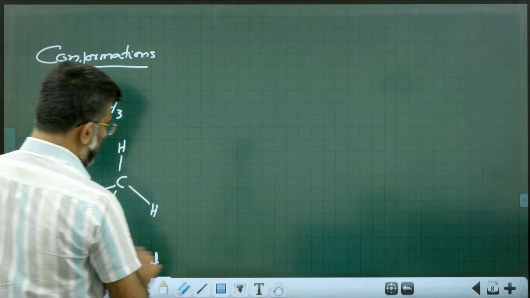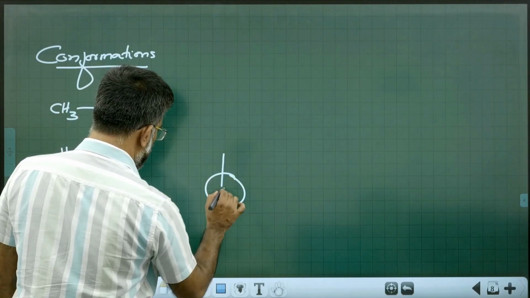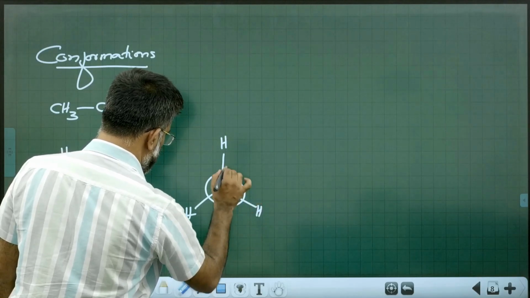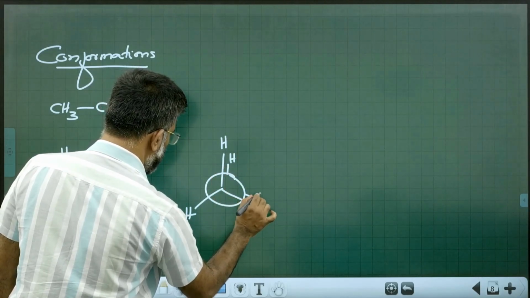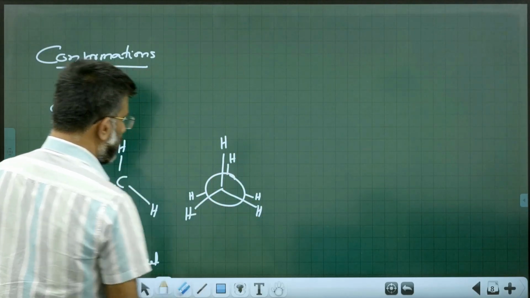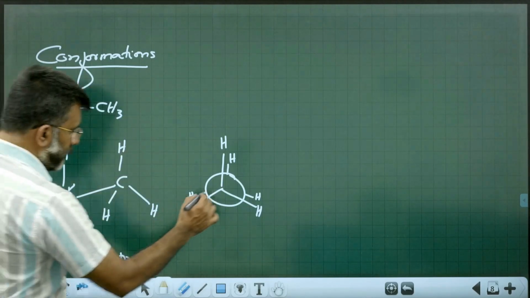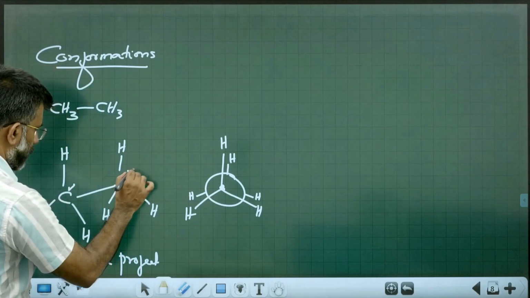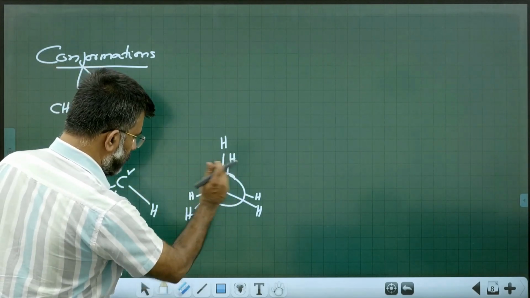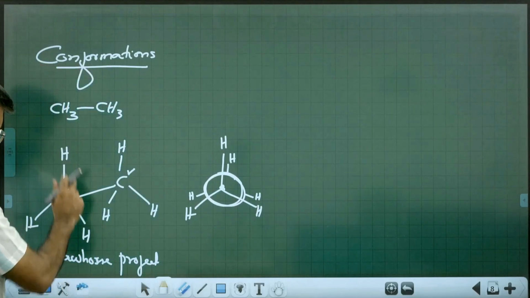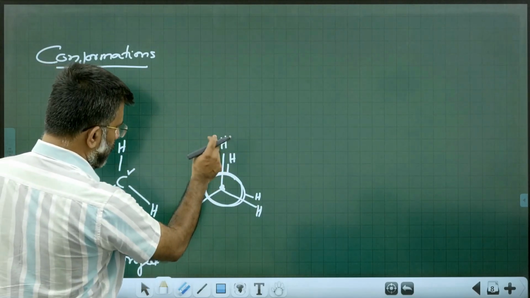Or the same molecule you can represent with the Newman projection. This is Newman projection. This and this are the same. This is carbon atom 1 which is represented here, and this is carbon atom 2 which is represented behind this disk drawn, with 3 hydrogen atoms respectively, and they are coming in the same line.